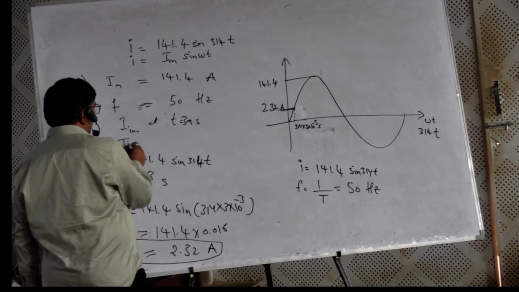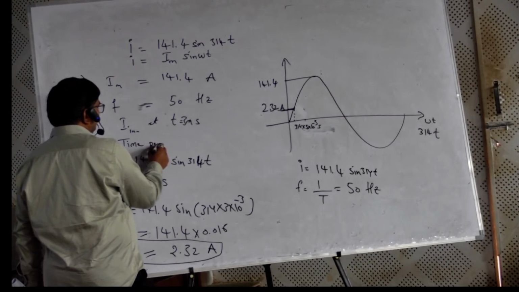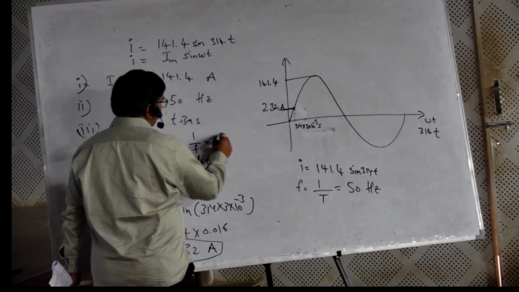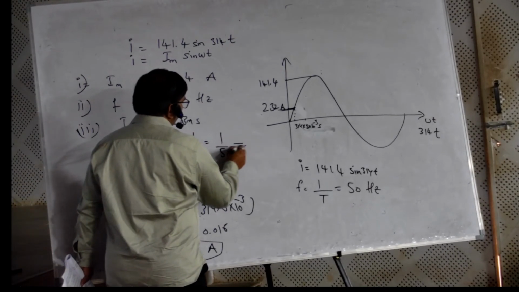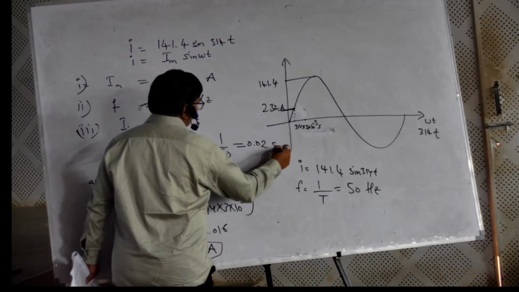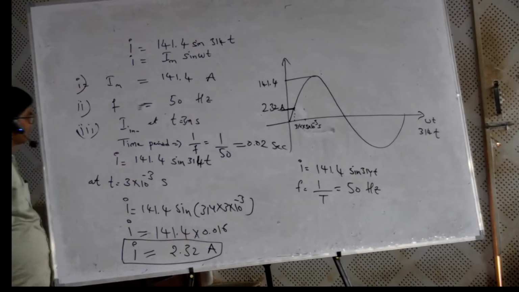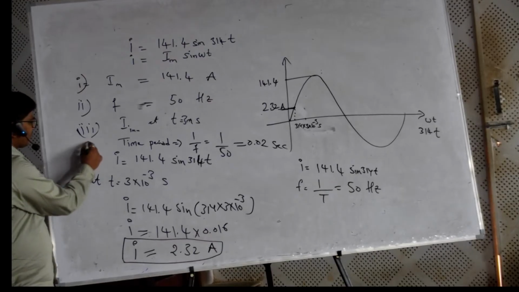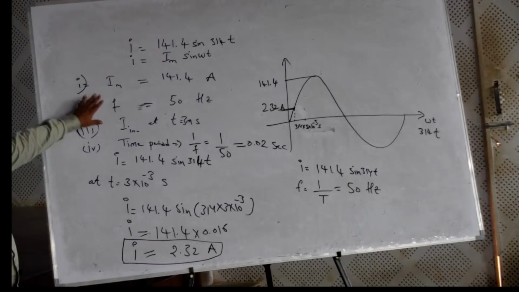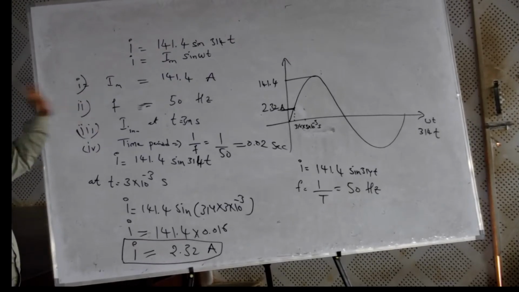So time period is equal to 1 by frequency, that is 1 by 50, which is equal to 0.02 seconds for the time period. After obtaining frequency, the inverse of time period is equal to frequency.